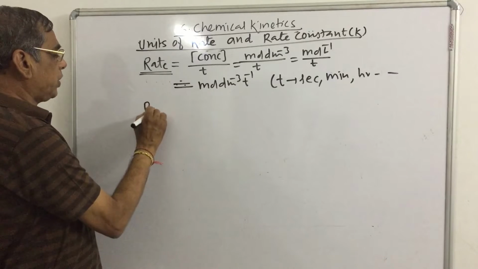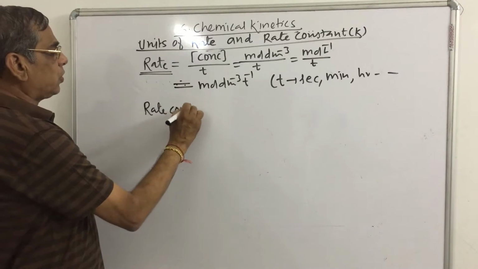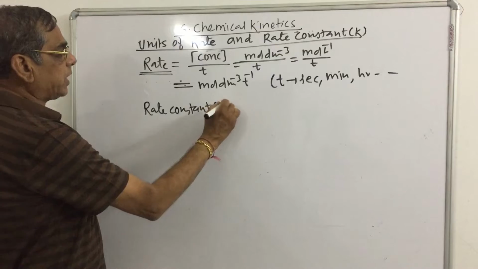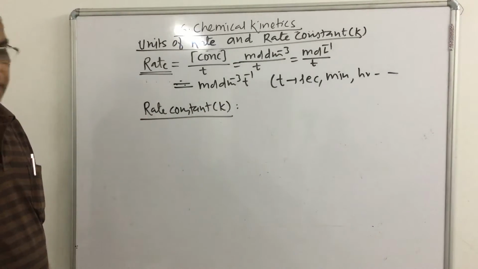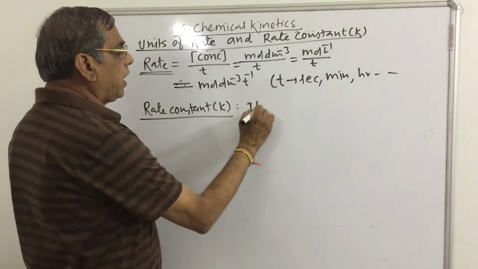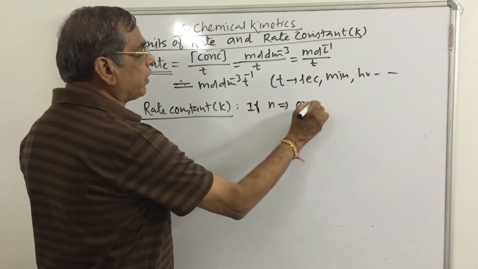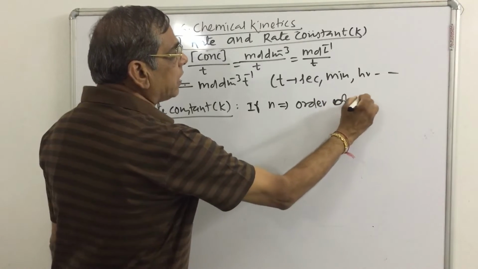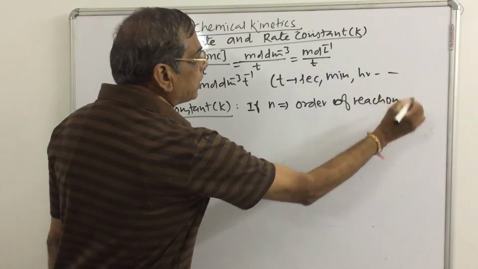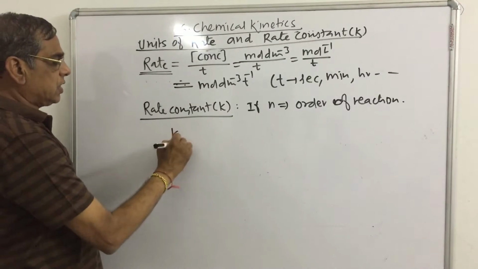Now what is the unit of a rate constant? The unit of a rate constant K depends on the order of reaction. That is, if n is the order of reaction, then what is the unit of a rate constant?